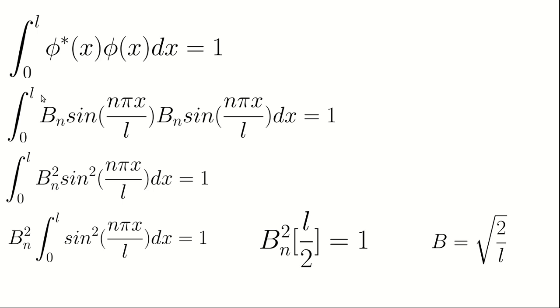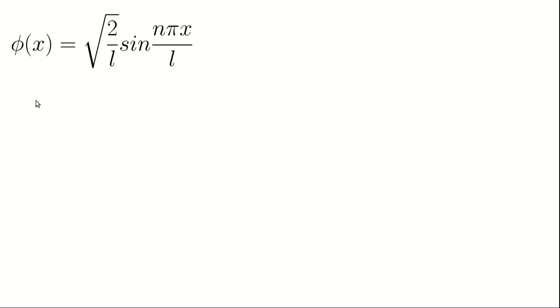We can now go back and substitute it into this expression, and that gives us phi equal to square root of 2 all over L sine n pi x all over L. This one is called the normalized wave function.